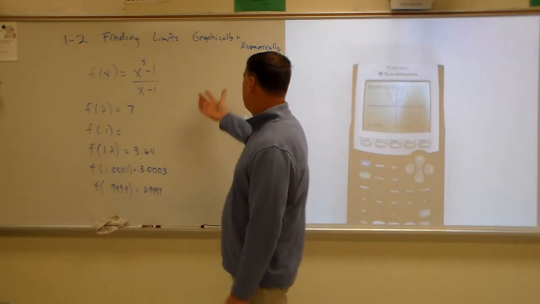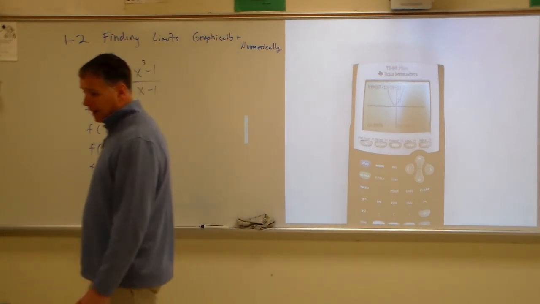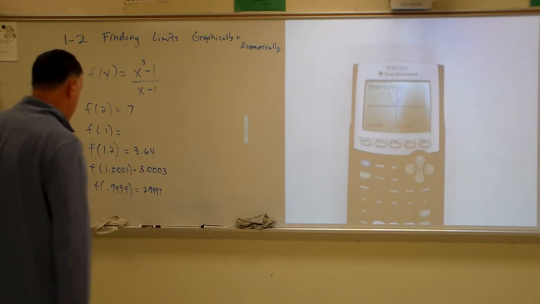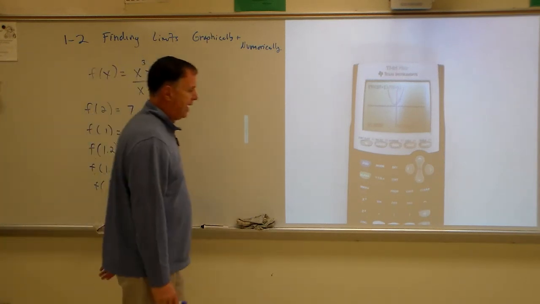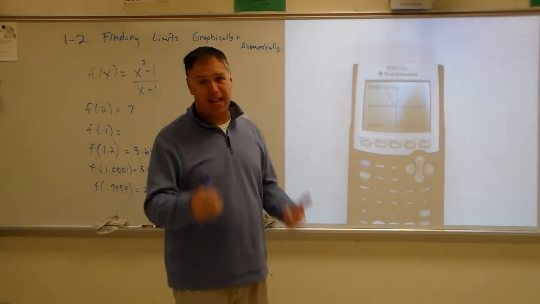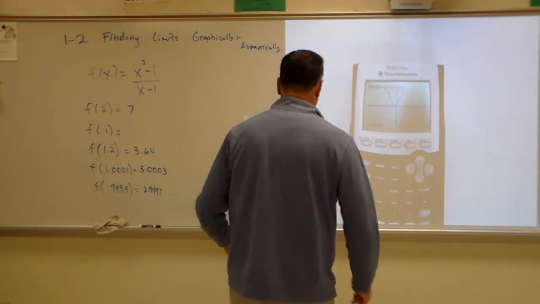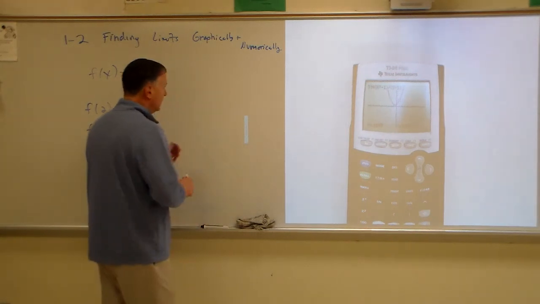So that is using the graphical approach. And what would happen here is, if we were to blow up this graph, I'm going to give this as a task for you. I'd love to see if you guys could figure out how to do this. I knew how to do it one time, but I forgot.